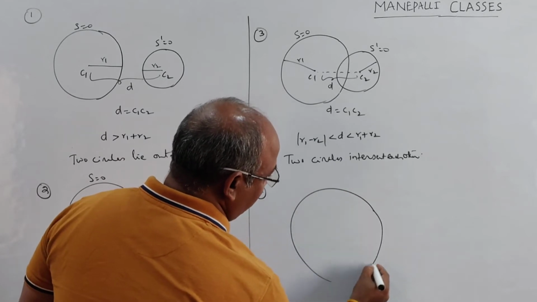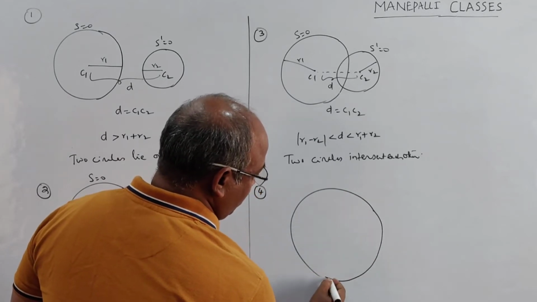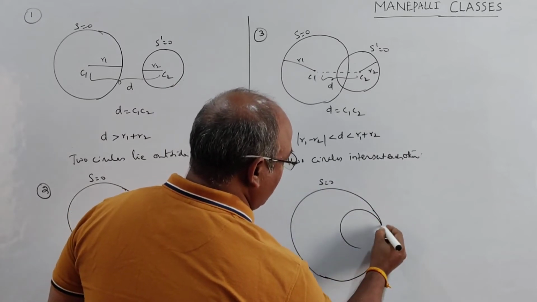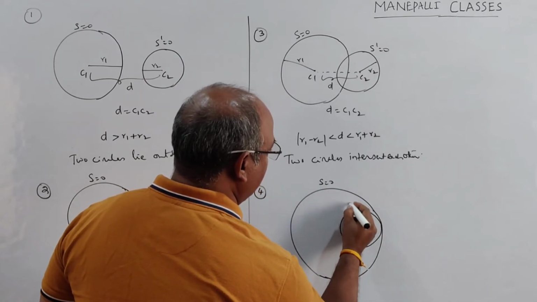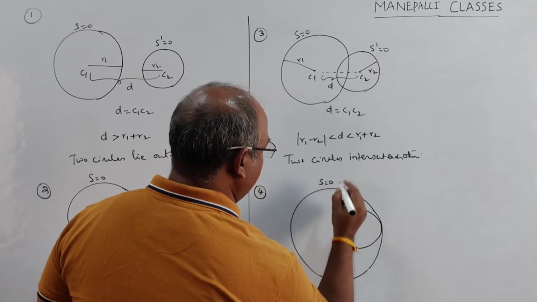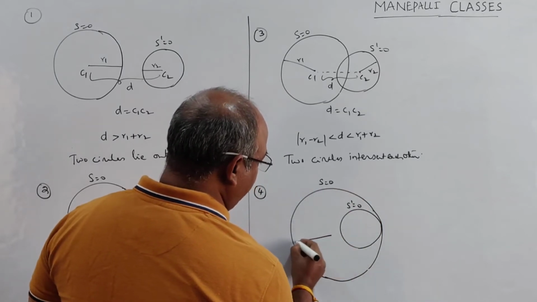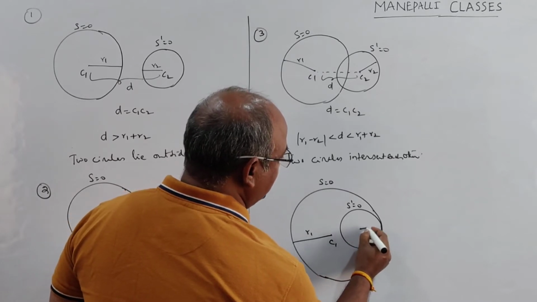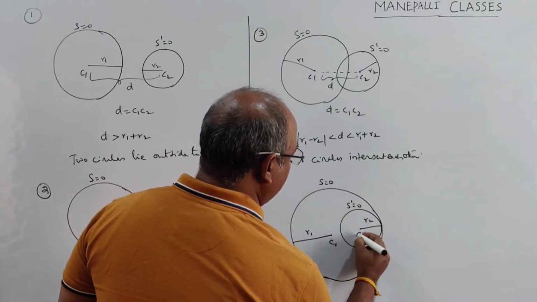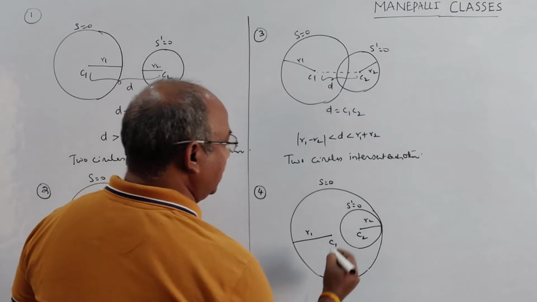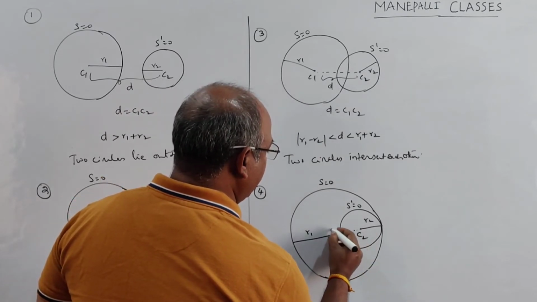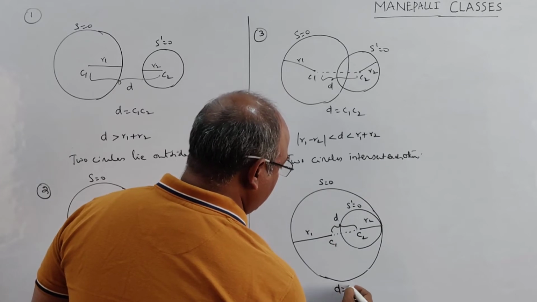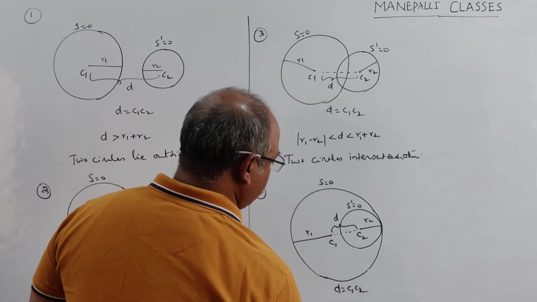The first circle S equal to 0 and the second circle S dash equal to 0. This is the radius of the first circle R1, center C1, radius R2 of the circle with center C2. And you see this is D, D is equal to C1 C2.